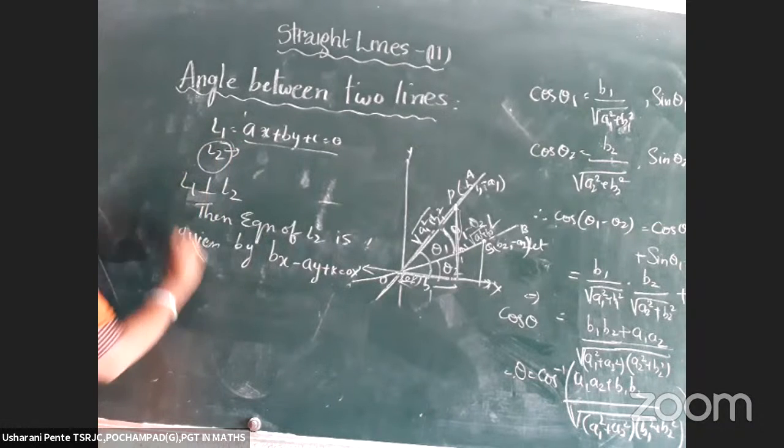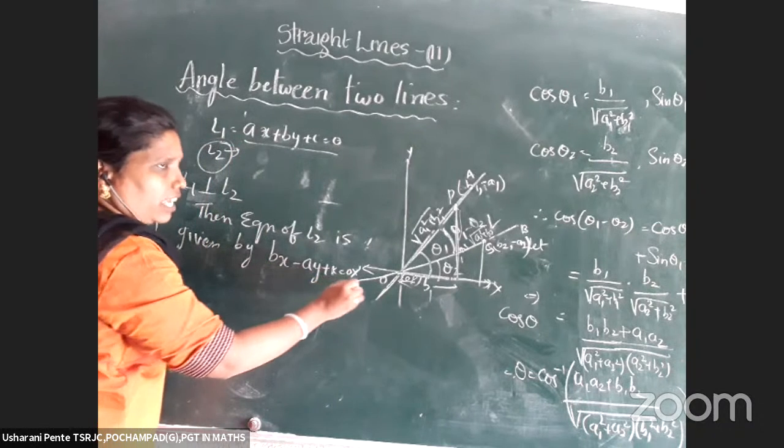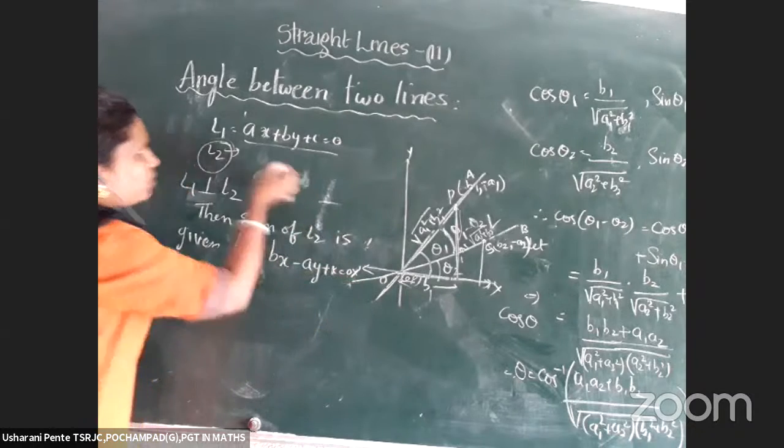The equation of L2 is given by bx minus ay plus k is equal to 0. How do we get this equation?